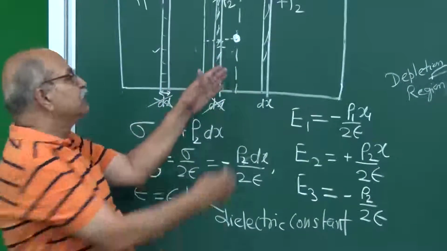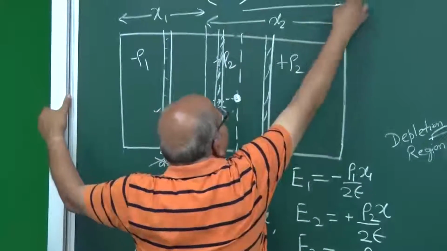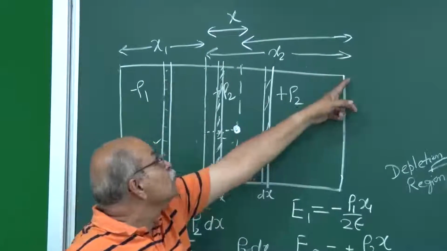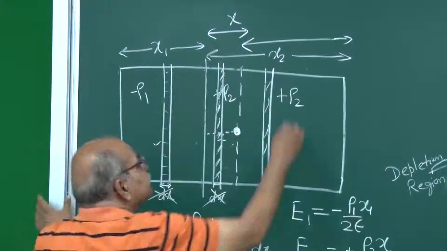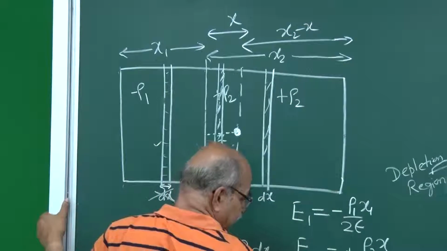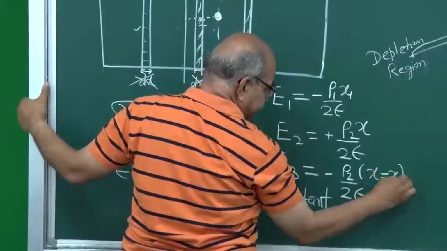Now dx, when you integrate, you get this length. And how much is this length? This length is x2 minus x. So E3 will have x2 minus x.